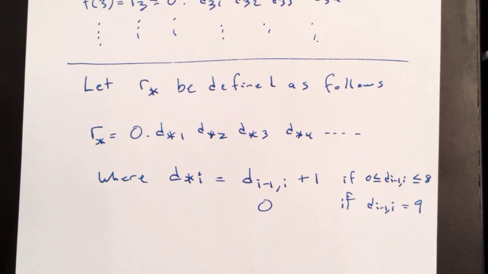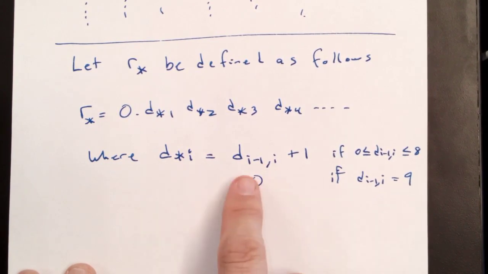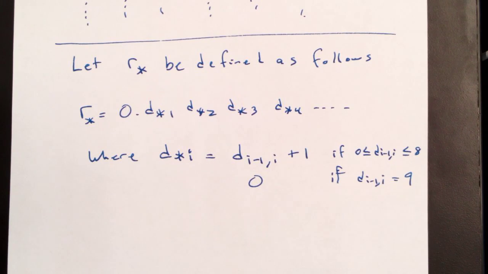What's the problem with R star? Add one to it. Which decimal place do you need? Oh yeah, in the ith decimal place, I add 1 to the digit in that spot. So if you had 0.235, the first number was 0.235, then in R star, the first digit is a 3, 0.3.